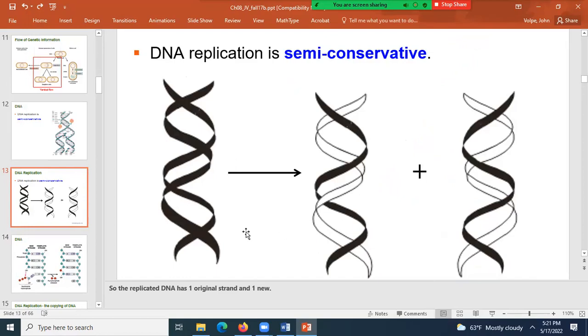Semi-conservative replication means that the black strands are the original strands of DNA, and the newly replicated strands will have one original strand, which is black, and one strand which is new, and they're both that way. I think I mentioned before that the conservative model would have the replicated strand, two original and two new, and that doesn't happen. It's semi-conservative.